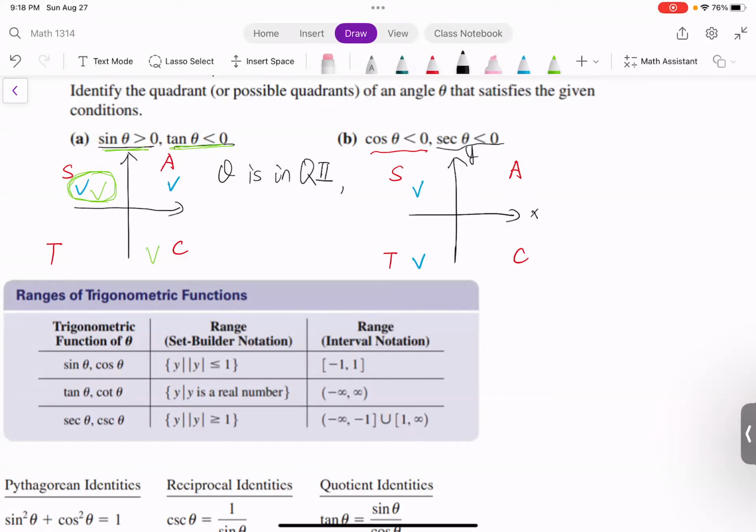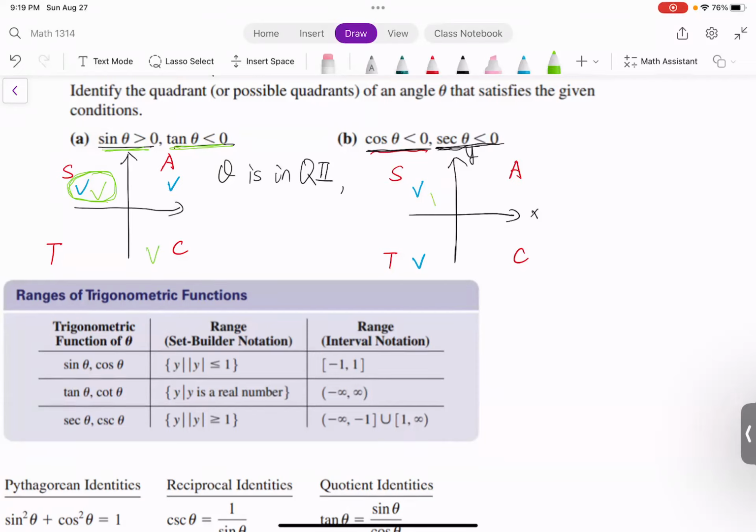Second, secant theta less than 0. In my ASTC, the S is sine, it's not secant. So if I want to decide whether secant is positive or negative, it's related to cosine, it's the reciprocal. Secant theta and cosine theta are related, because if secant theta is negative, that also means cosine theta is negative. So where is cosine theta negative?